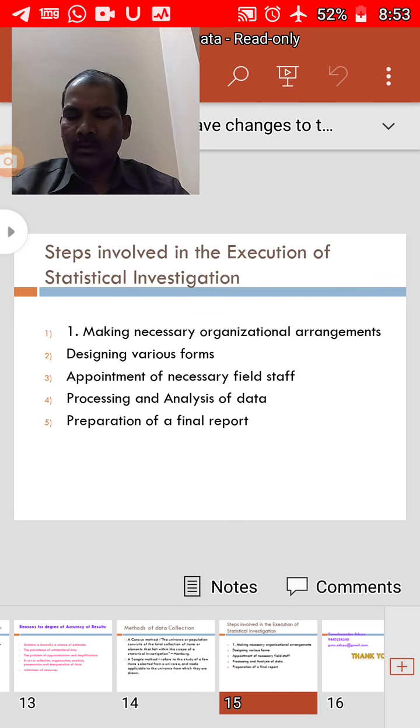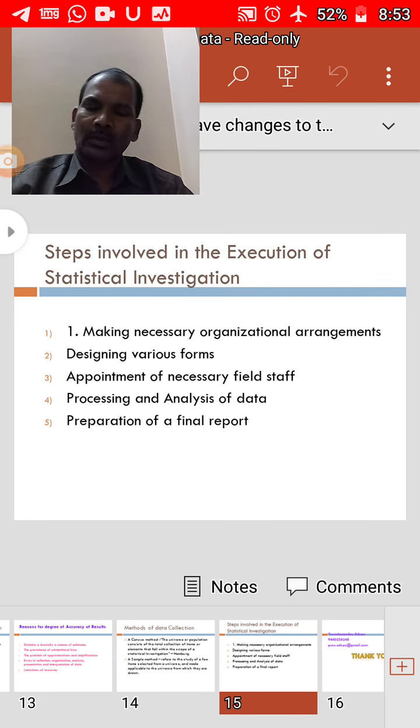After the data is processed and analyzed, the results must be presented in a suitable form or a report. A report may be general or technical.